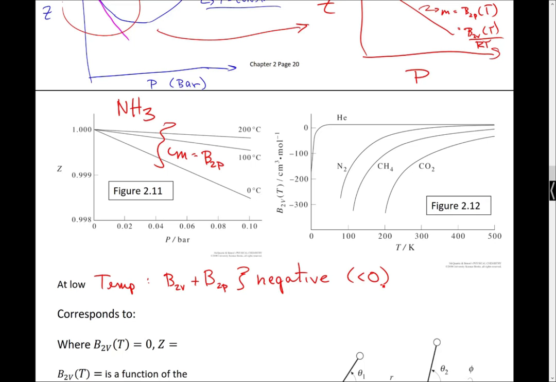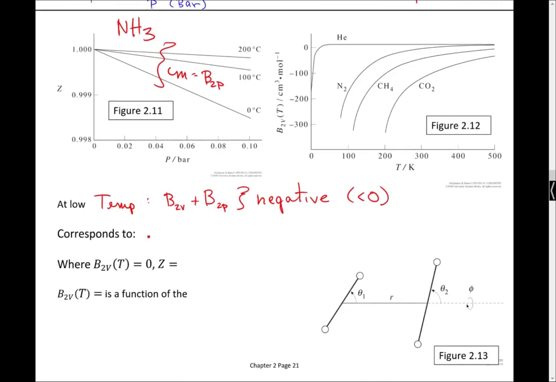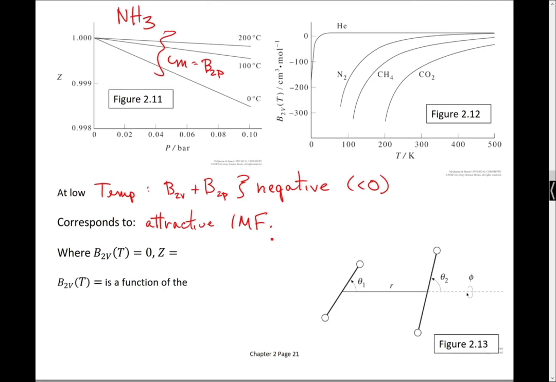And then as temperature goes up, they become less important because we know that the kinetic energy of the particles becomes larger. So this corresponds to attractive IMF.